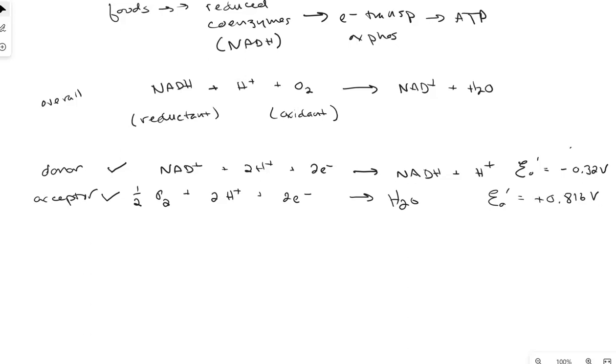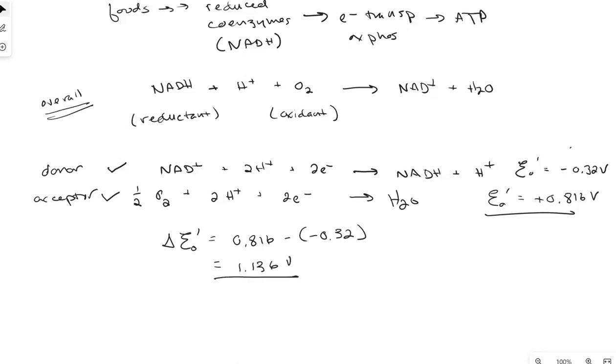And because of this, we can sum our two reduction potentials to describe the overall reduction potential of our overall reaction, which we described at the beginning, to mean that the change in reduction potential for the overall reaction is going to be 0.816 minus a negative 0.32 volts, and we're going to have a net 1.136 volts for this reaction.